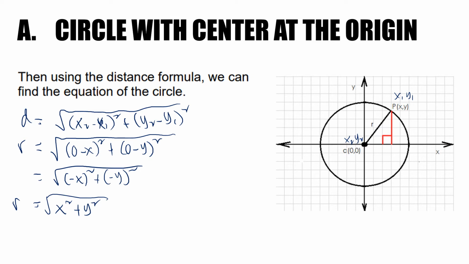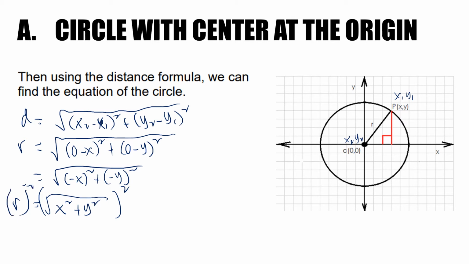the equation of the circle should not contain radical. It can contain, but what I'm saying is the format should not contain radical expression. So what we are going to do is to get the square of both sides. Okay, square both sides.